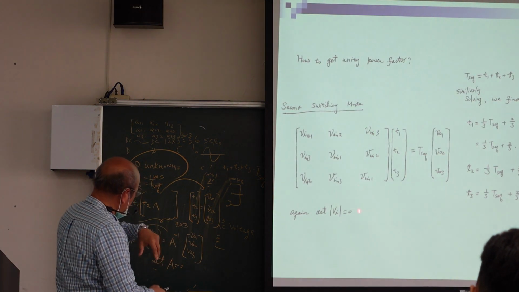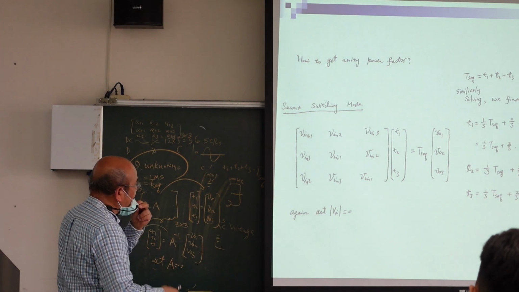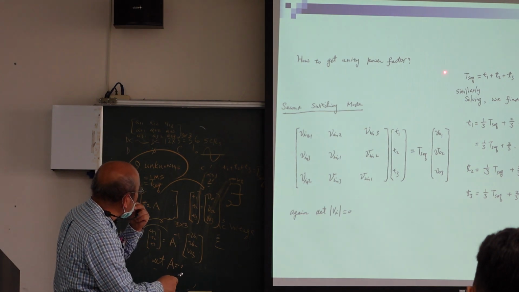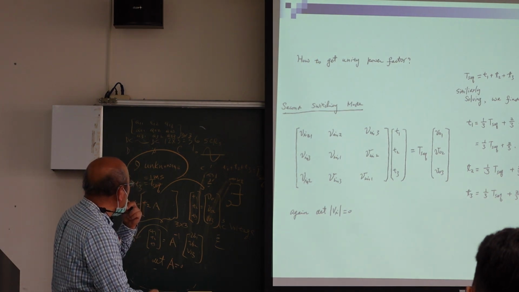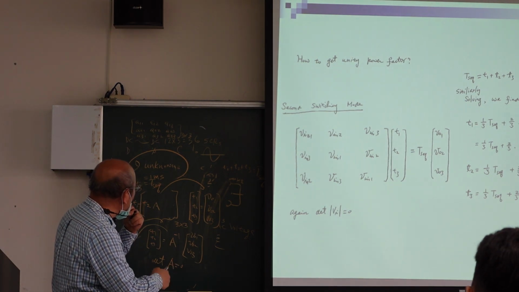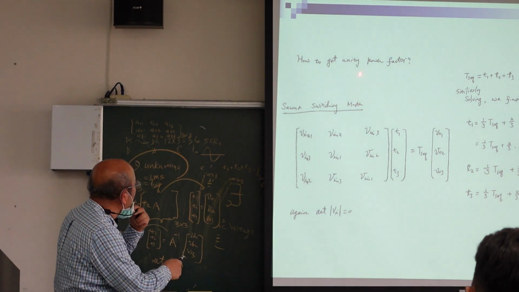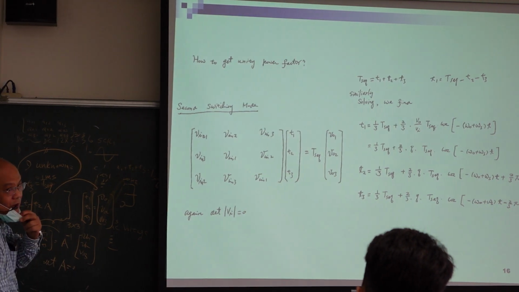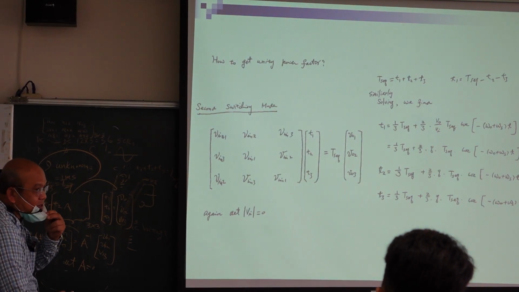Then, what is the power factor? If you use this way, what is your power factor? Can you use the switching pattern to get a unique power factor of 1.0? The answer is yes.